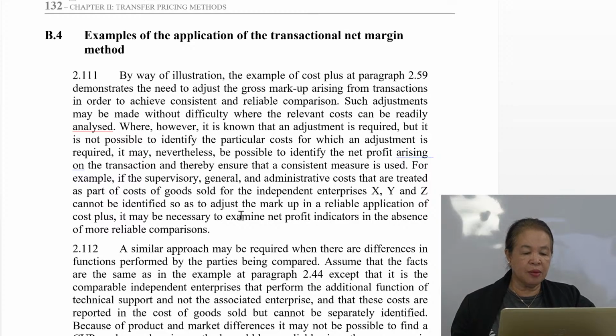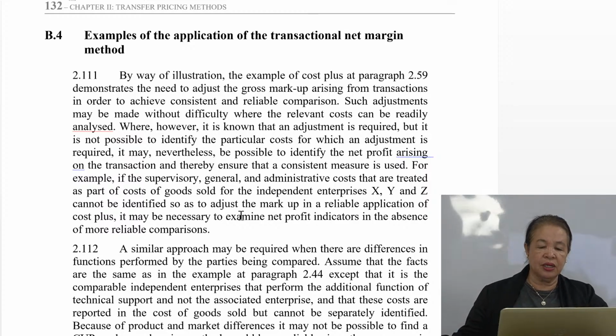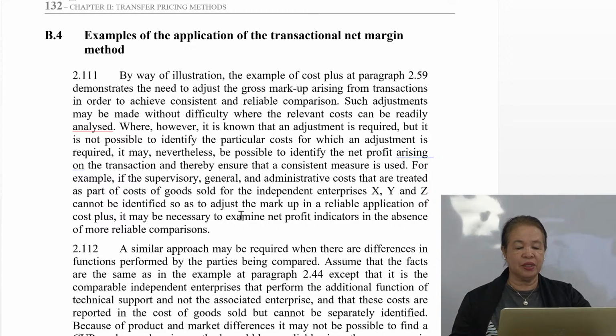For example, if the supervisory, general, and administrative costs that are treated as part of cost of goods sold for the independent enterprises X, Y, and Z cannot be identified so as to adjust the markup in a reliable application of cost plus, it may be necessary to examine net profit indicators in the absence of more reliable comparisons.